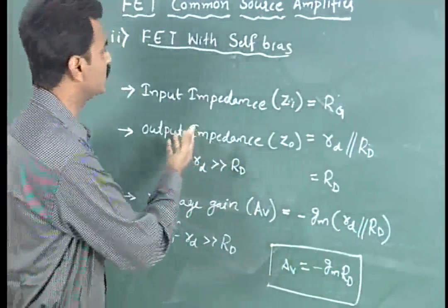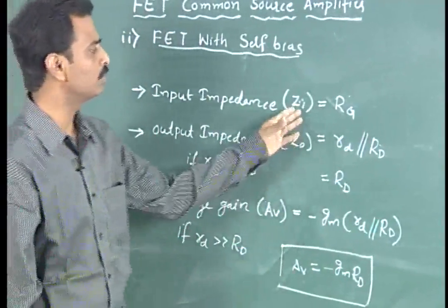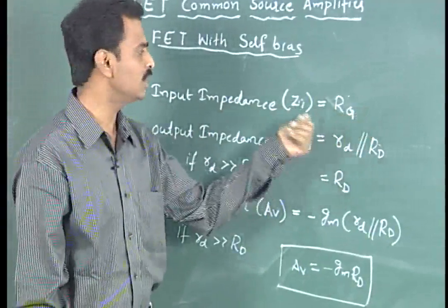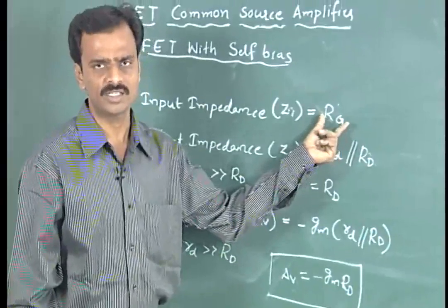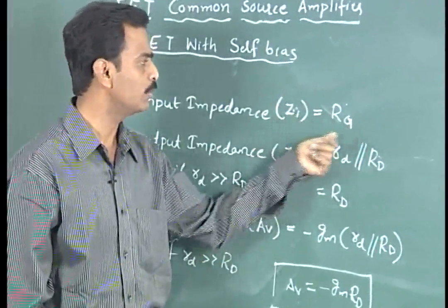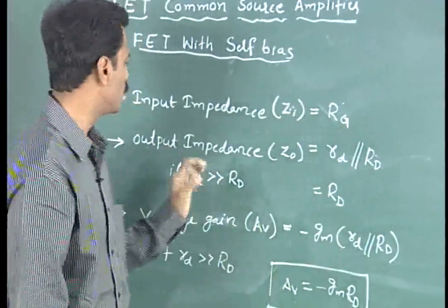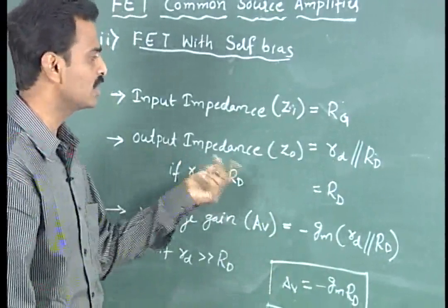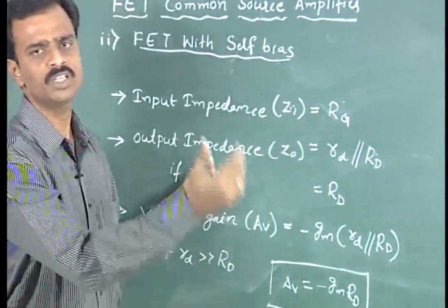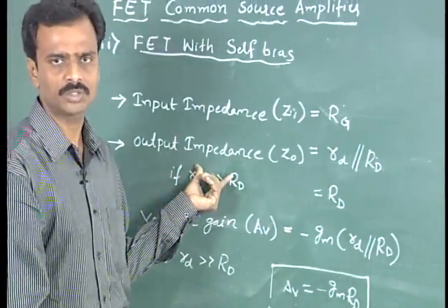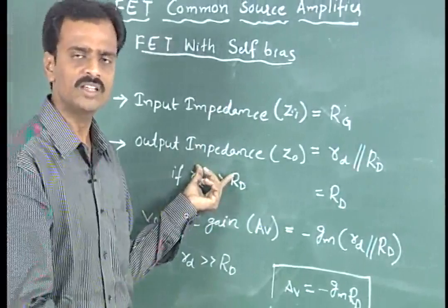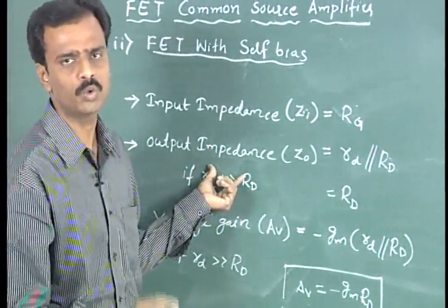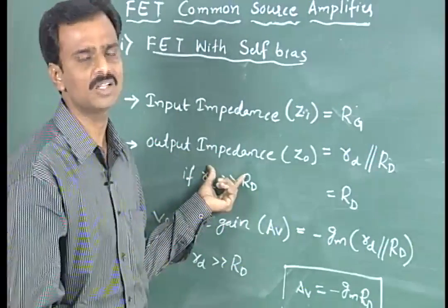To calculate the input impedance, as you look from the input of the circuit, the input impedance will be only due to the gate resistance. So Zi will be equal to the gate resistance RG. Now the second one, the output impedance. If we look from the output of the equivalent circuit, obviously the input voltage Vi will be equal to 0, and hence VGS, the voltage between the gate and source, will also be equal to 0.